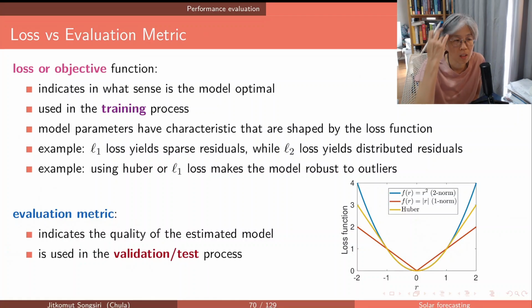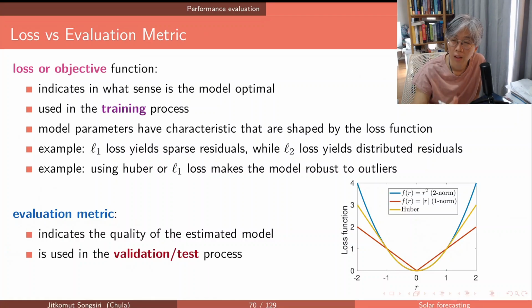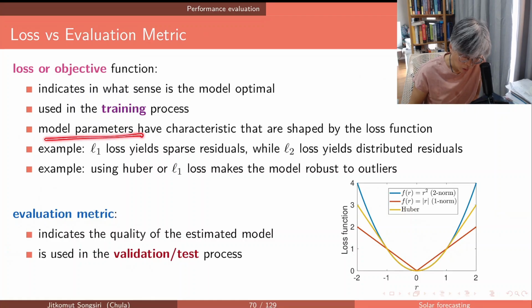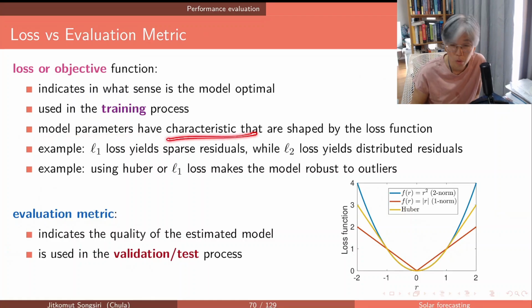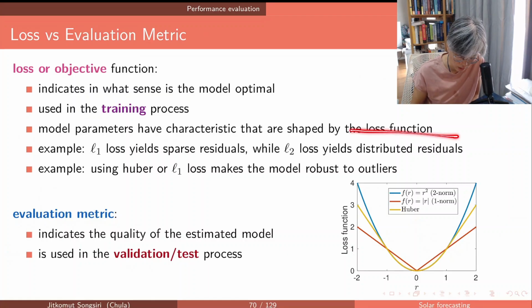So the loss function is a penalty that manipulates your training process so that the model parameter is adapted so that the objective is at optimal. The model parameter will have behavior or characteristics that are governed by the loss function.